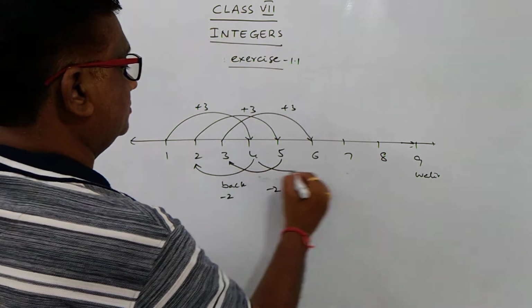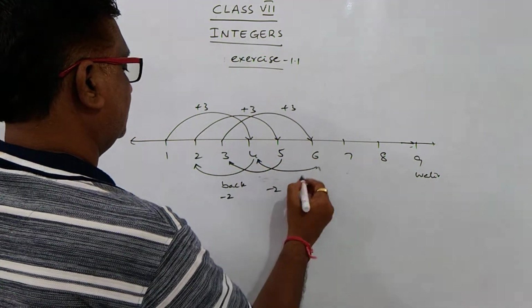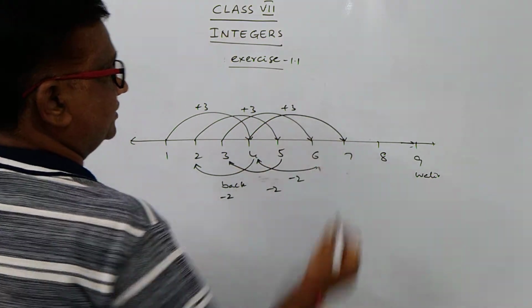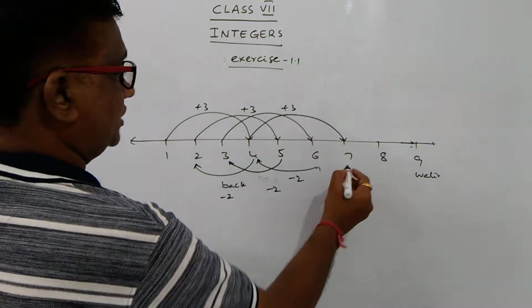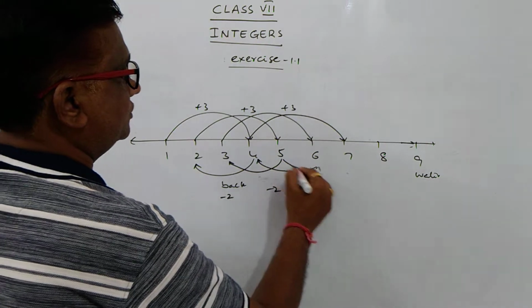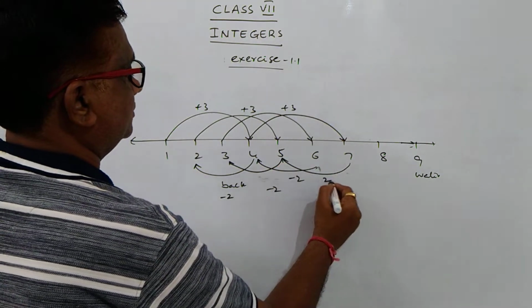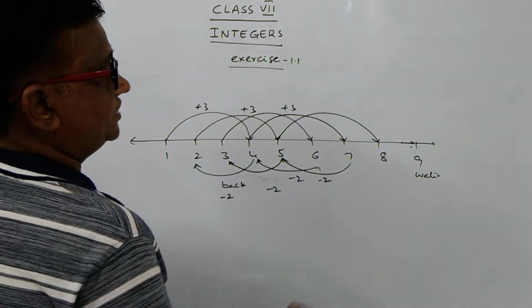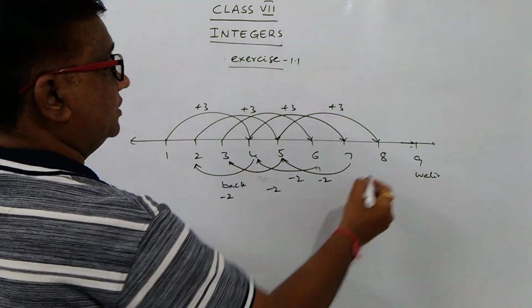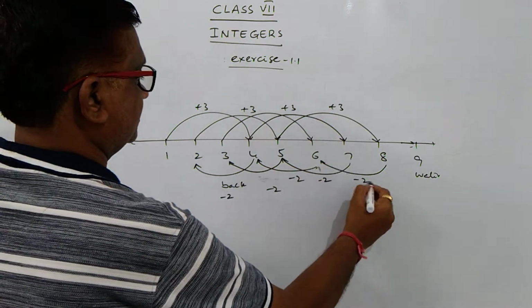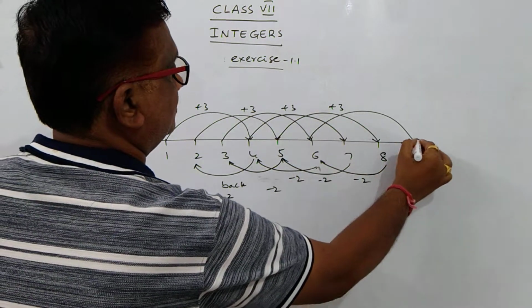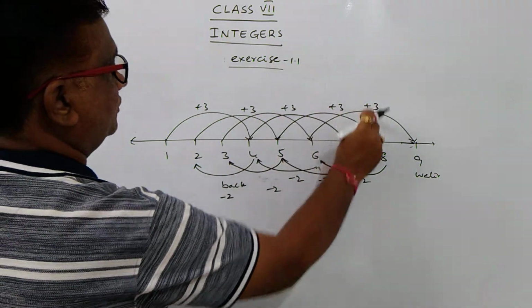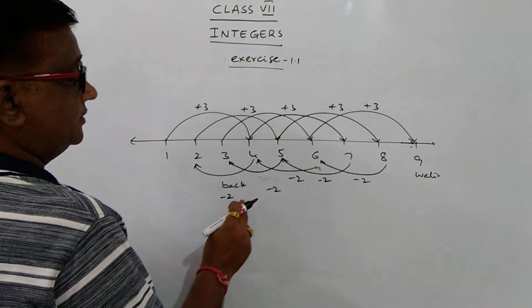Again minus 2. From 4, 3 steps again. Again 2 steps back. From here 3 steps. From here minus 2. From here 3 steps. So 1 2 3 4 5 6 7 8 9.